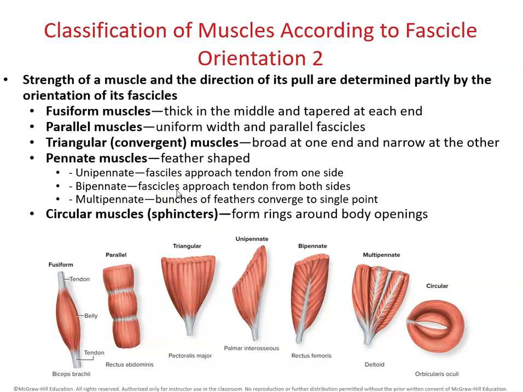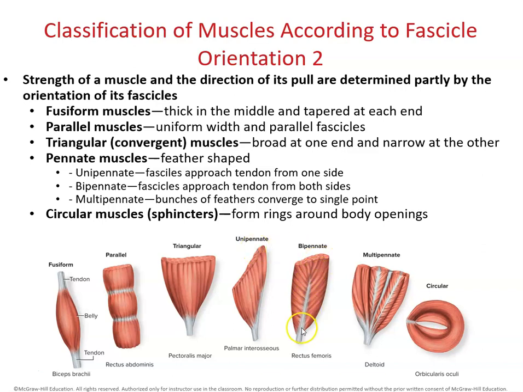Now, pennate, there are three different types of pennate. When we say pennate, we mean feather shaped. So we could have unipennate, where we've got one tendon on one side, and the muscle fibers are radiating out kind of parallel from that.